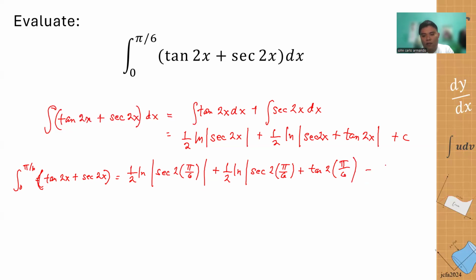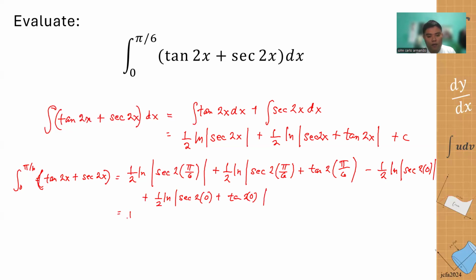Then we're going to subtract 1/2 ln secant 2 times 0 plus 1/2 ln secant 2 times 0 plus tangent 2 times 0.